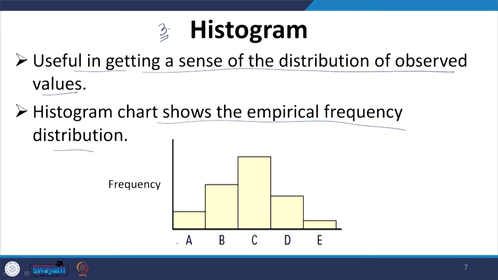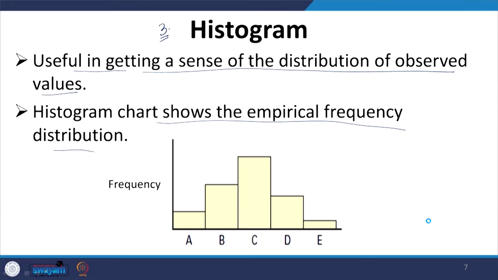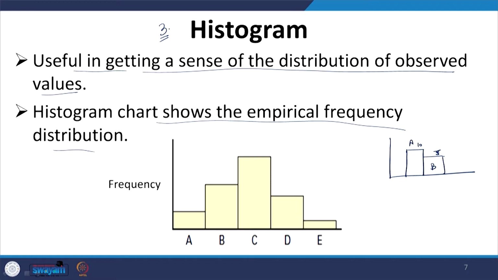Like in just the previous case, for A we have 4, 3, 7 plus 2, 8, 7 plus 1, 8, 2, 10, 2, 3, 2, 5, 3 plus 2, 5, 7 and 8. So, we can make a histogram of this type: A 10, B 7, B 5 and C 8.